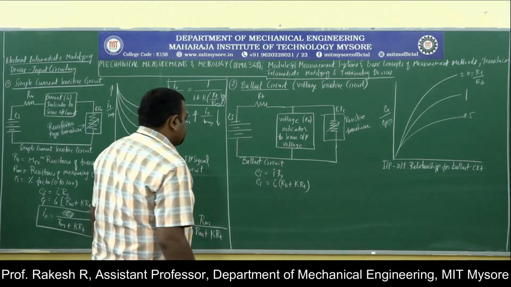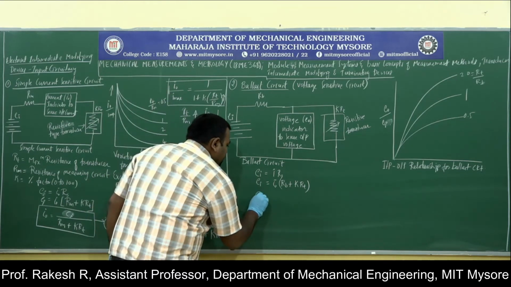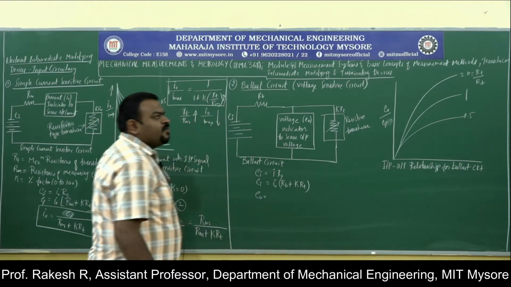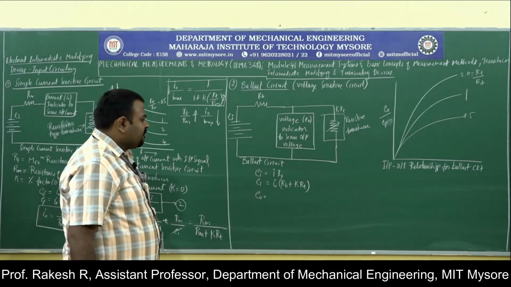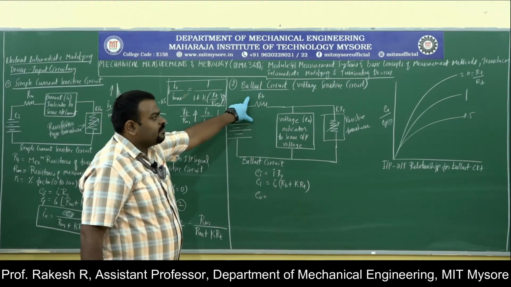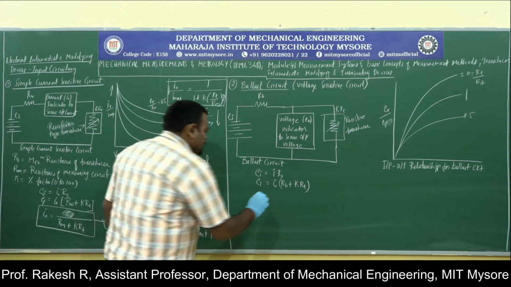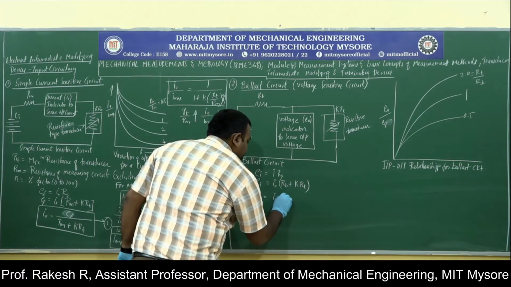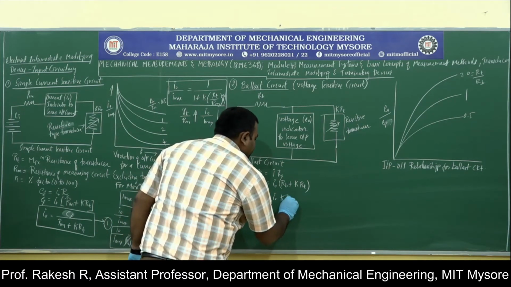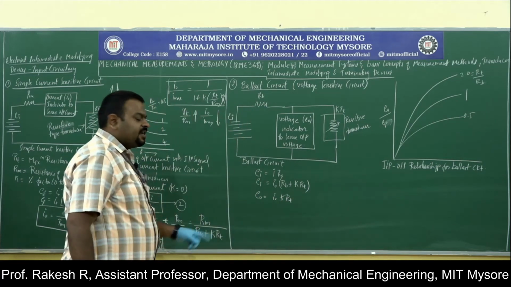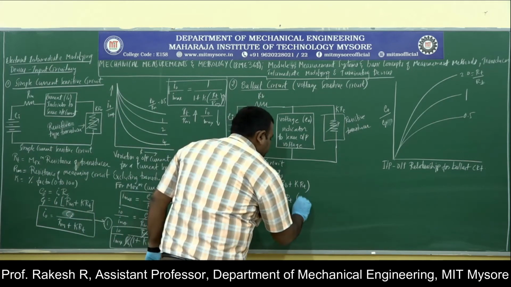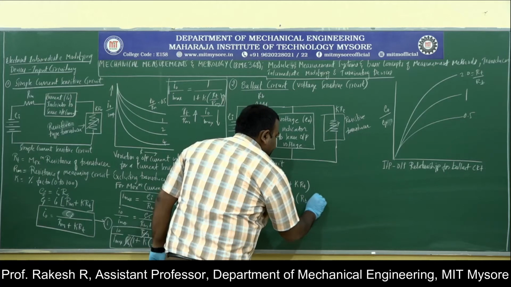What is E naught? Whenever we measure the voltage, for the voltage this resistance must be 0. So E naught is I naught into K into RT. The condition for this is that RB must be equal to 0.